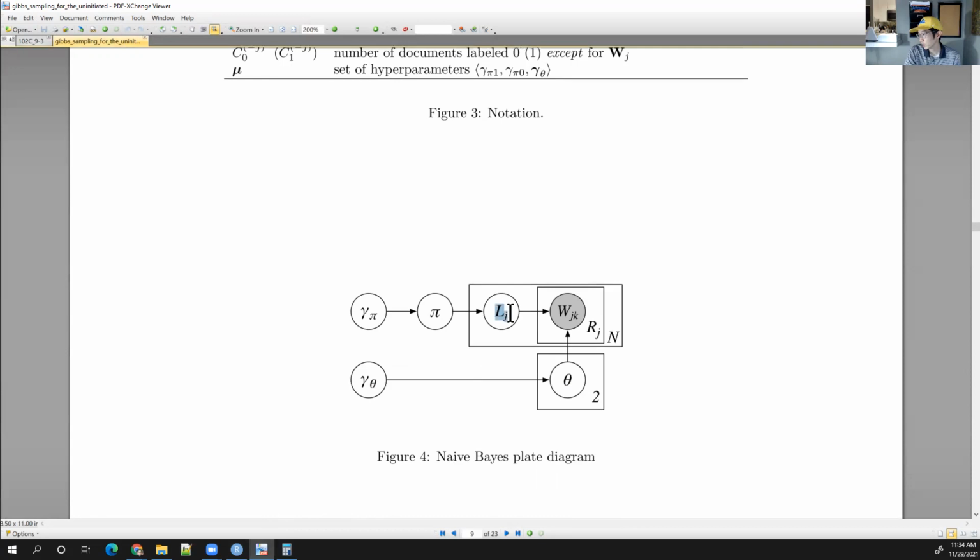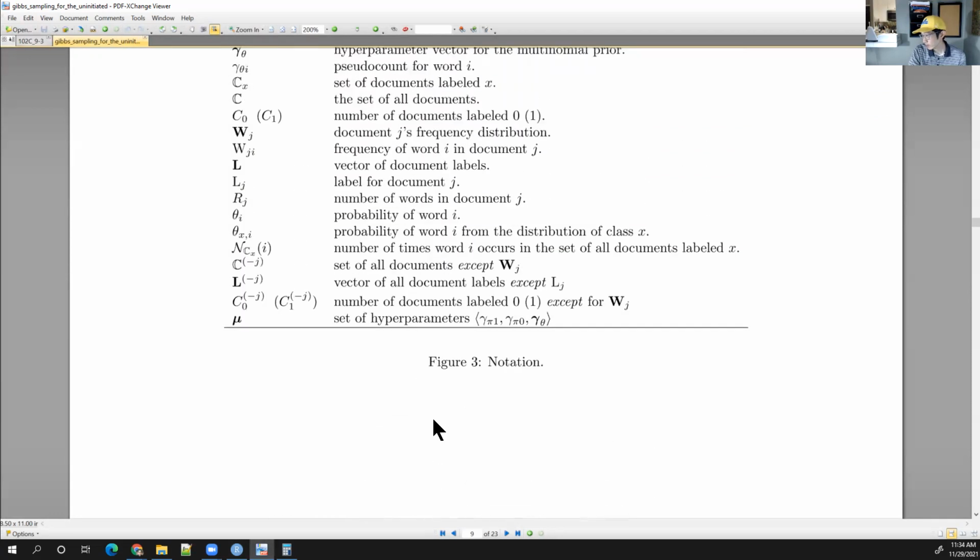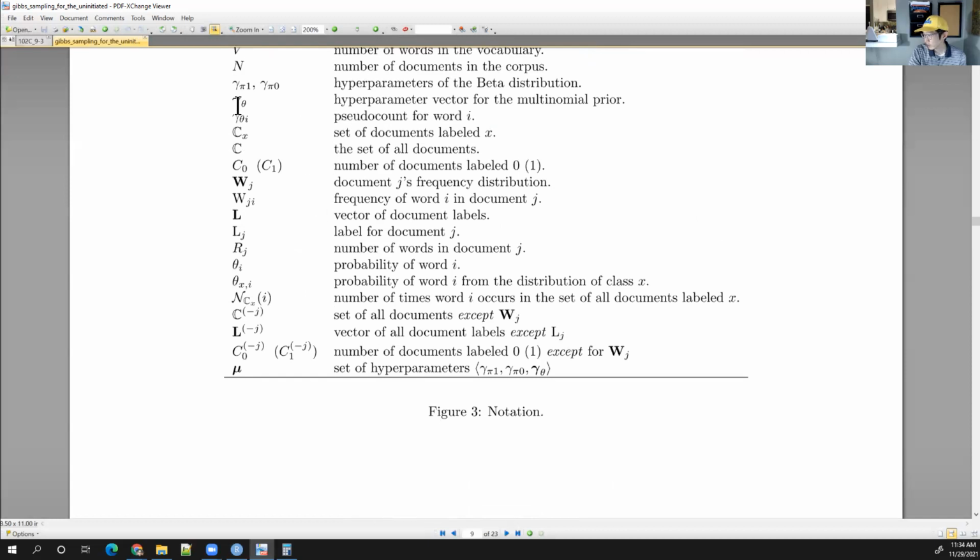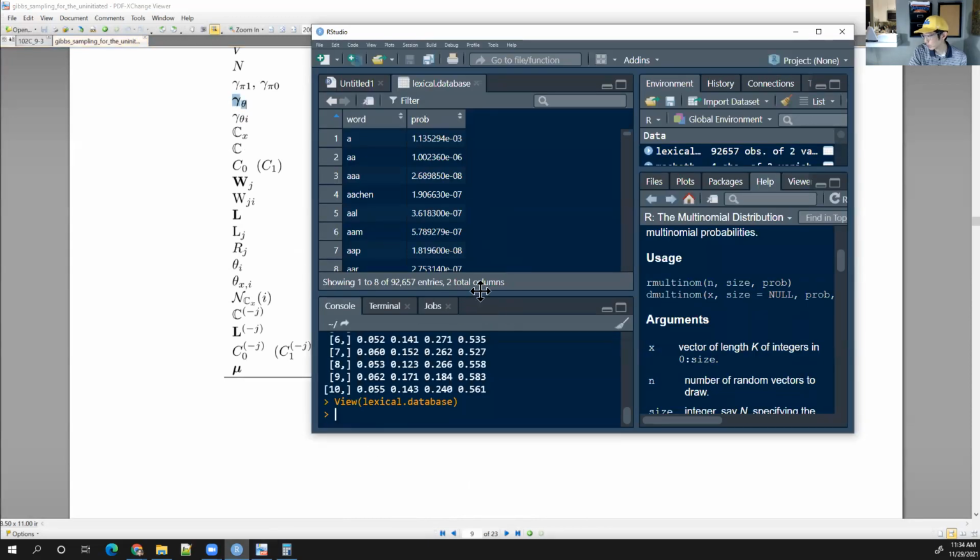So depending on which label we have and which theta, we are going to generate words here. Okay, the theta vector itself is based on the hyperparameter, or basically it's based on this Dirichlet distribution.